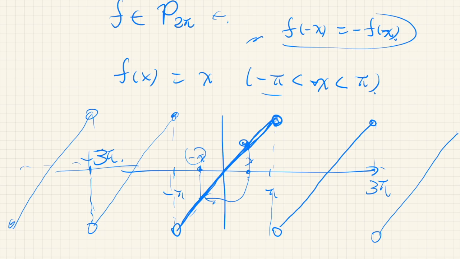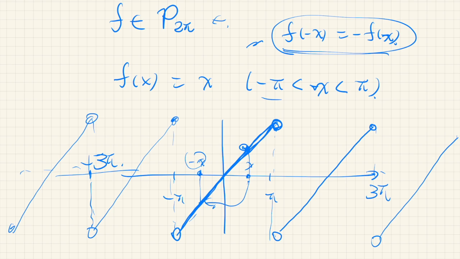So that's what this means. So this is an odd function. And we can generally show that the Fourier series of an odd function involves only sines and there are no cosines. Let's see this for this example.